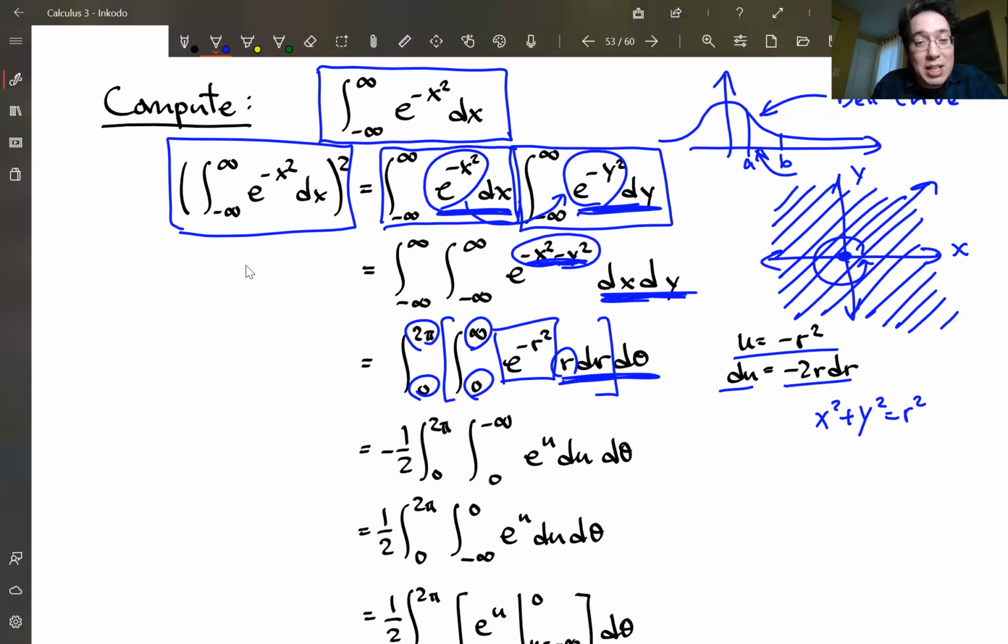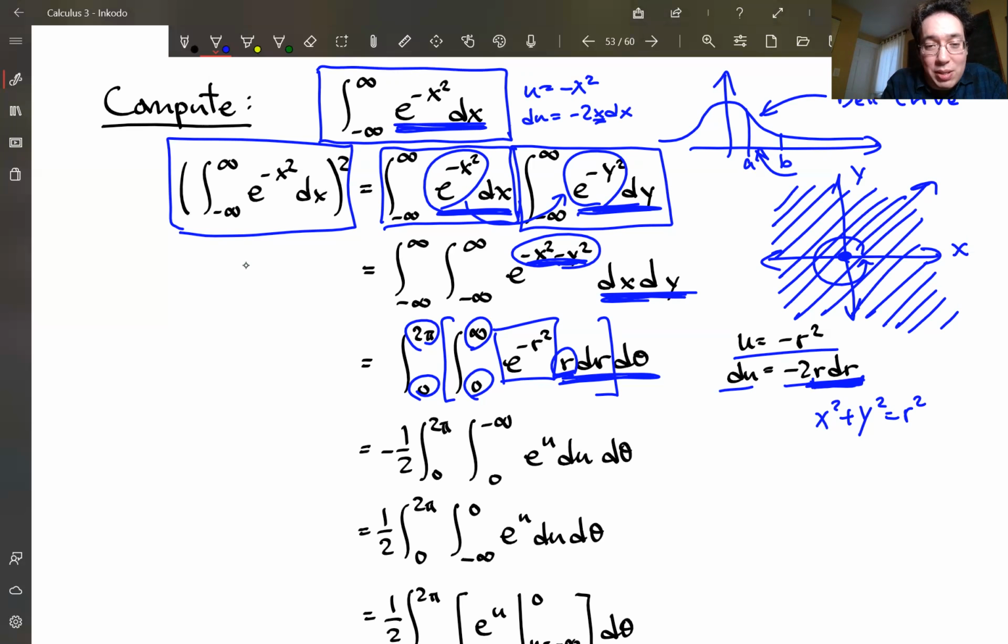Because we're doing this in polar coordinates, because we have this extra r that comes from polar coordinates, we could actually compute the u substitution. If we were doing this problem and tried to do u substitution with negative x squared, we would not be able to compute it because there's no x to take away.